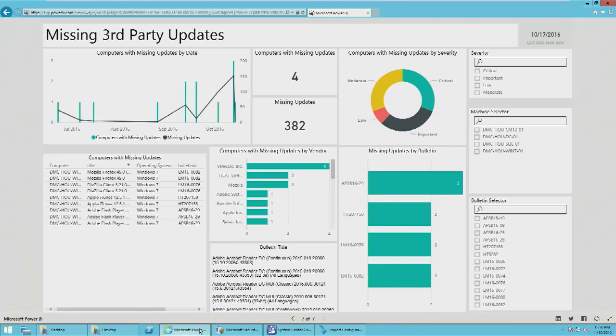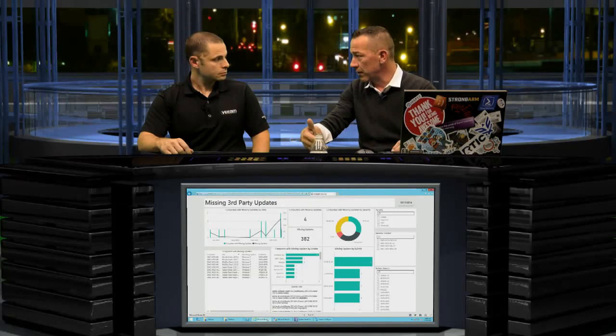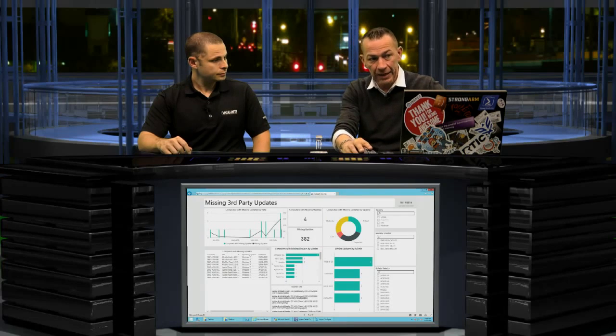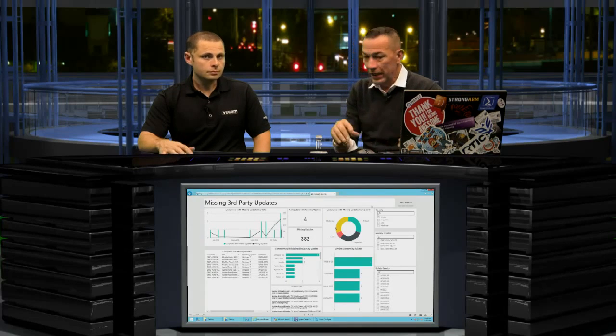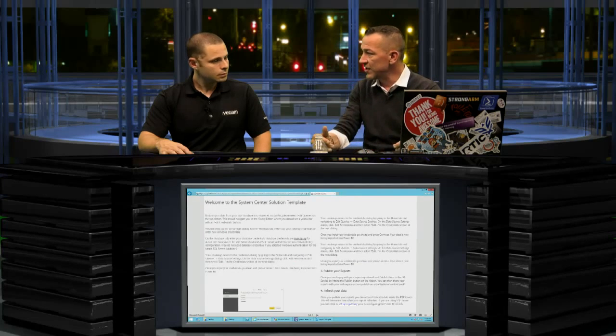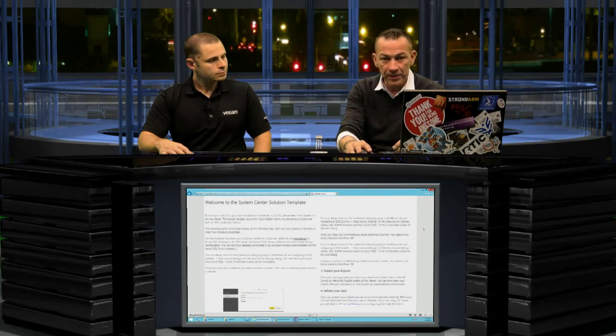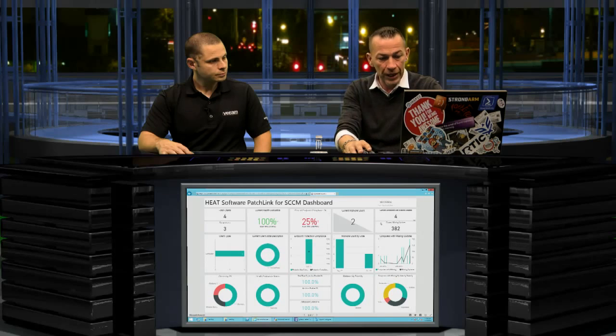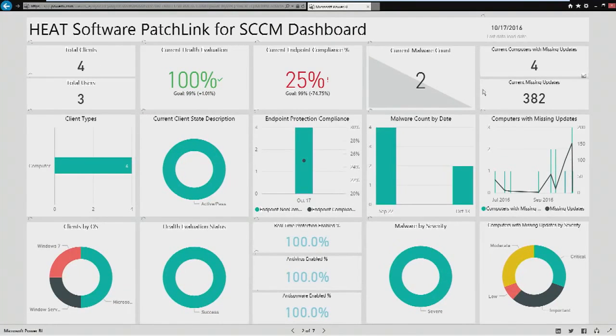Power BI is really the future. So right now, what they're saying is that Power BI is included free with your SQL Server 2016 licensing. Okay. So now you can have dashboarding capabilities like this right out of the box, and Microsoft provides a free template for SCCM that gives tremendous visibility into an organization's overall security compliance.